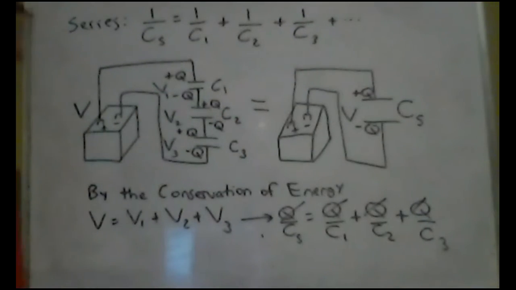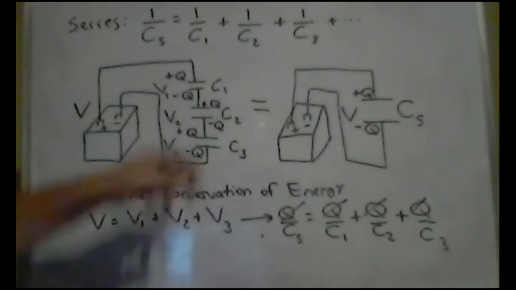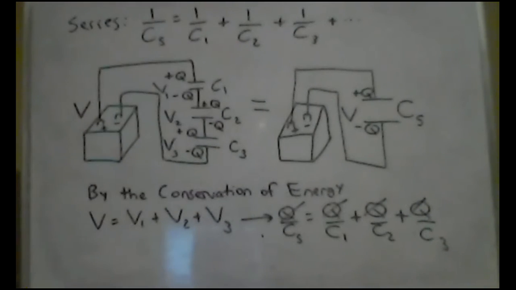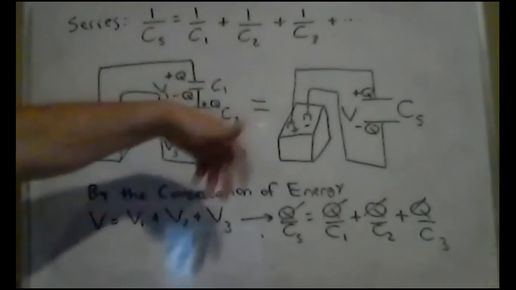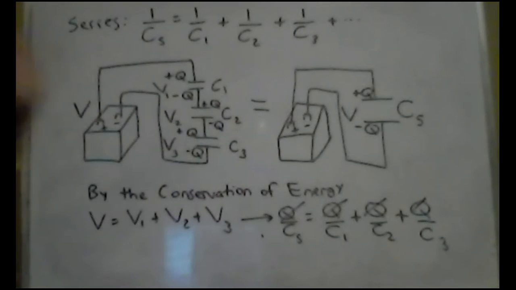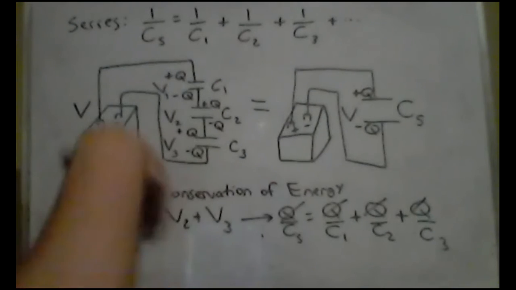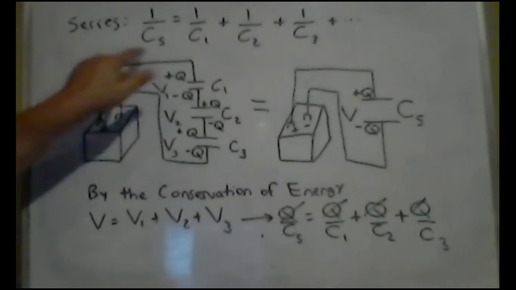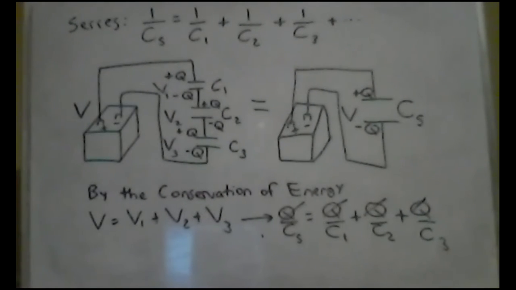And if there are more capacitors in series, I would just keep on doing that. I take the capacitors connected in series, 1 over the first, plus 1 over the second, plus 1 over the third, and I'll show you some examples of this. Then after I add up all of these inverted capacitances, I flip the sum to get the equivalent series capacitance.